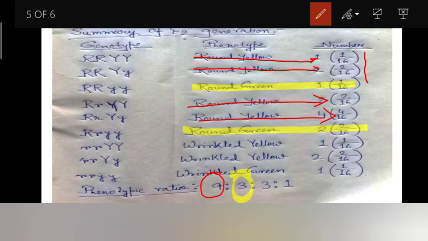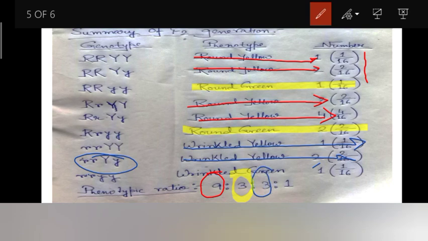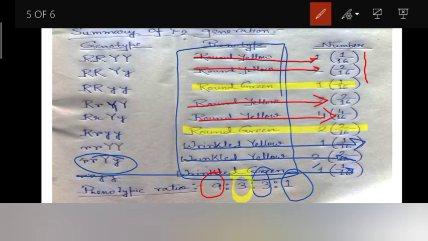Wrinkled yellow, number of wrinkled yellow number 1, number of wrinkled 2, which genotypically you get rr capital Y, small y, number is 2, and the total number is 3. And last one is wrinkled green is 1. These are the phenotypic characteristics. So phenotypic ratio is 9:3:3:1.